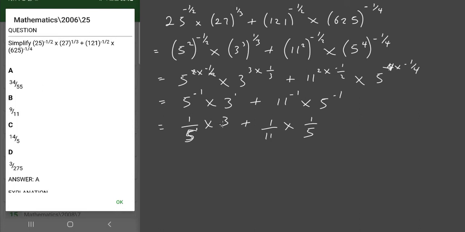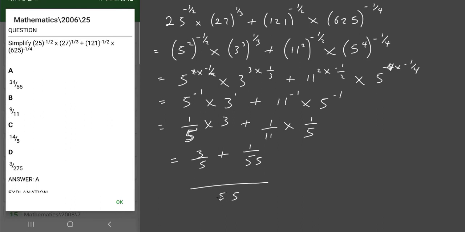So what's the next thing? Here you simplify, which gives you 3 over 5 plus the same thing you simplify here, but this time around you are going to get 1 over 55. If you take the LCM, the lowest common multiple, that's 55.